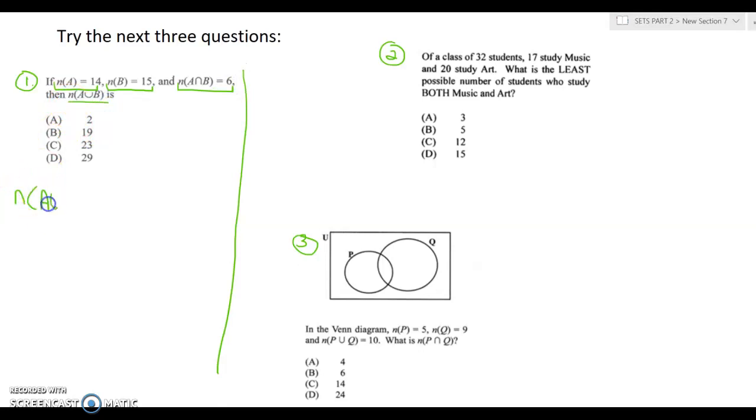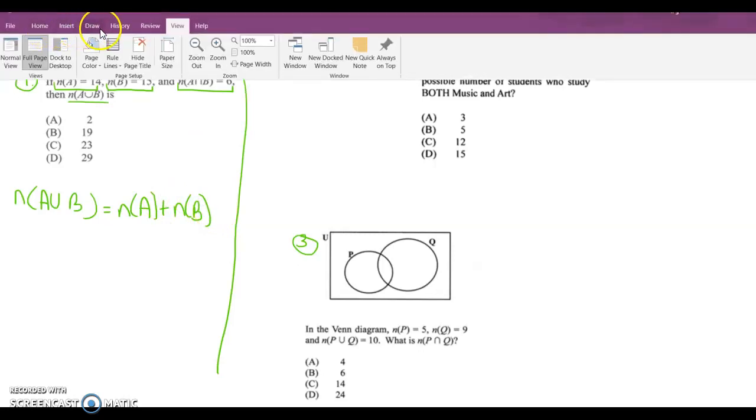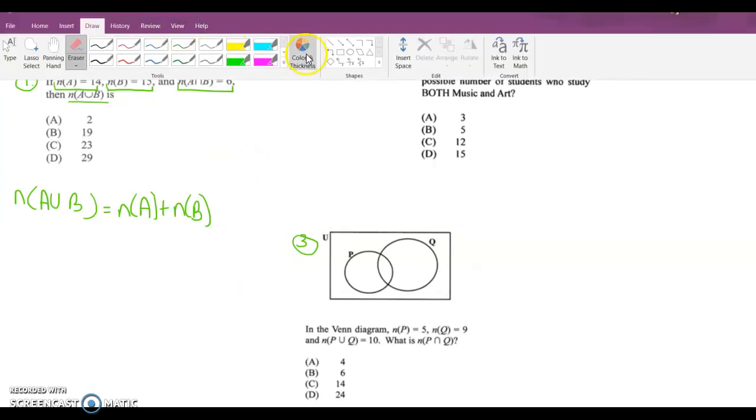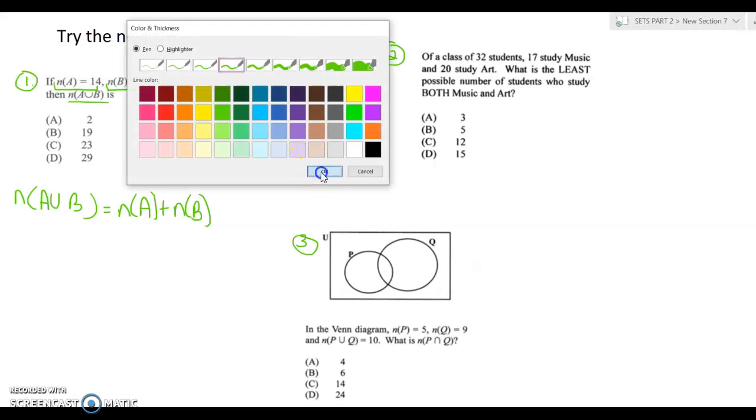So again, using the formula, the union is equal to the 2 sets separately. And I should just take out this line, so I get some space. And then minus the number of members in the intersection.